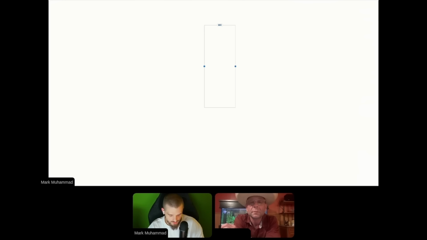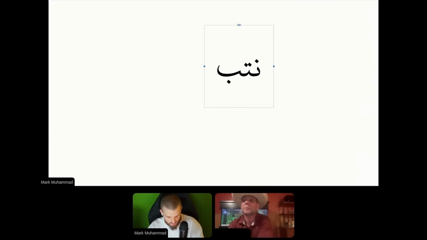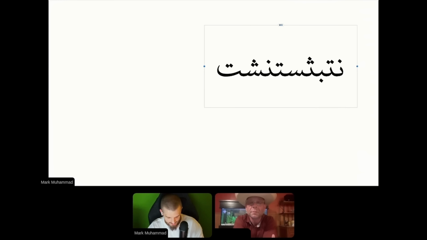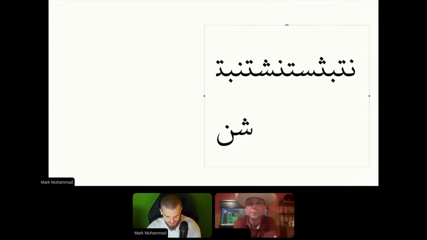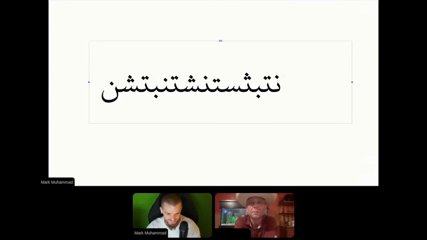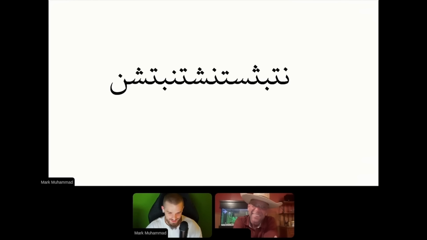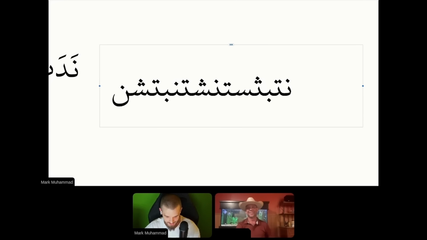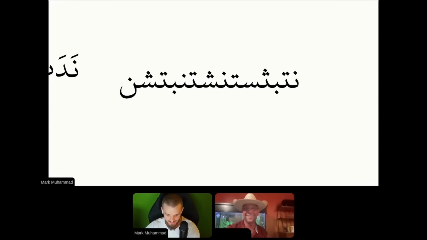We could do exercises where you take noon, ta, ba, tha, sin, and keep building words like this. Give it a quick try. If it's too hard, we'll come back to it.